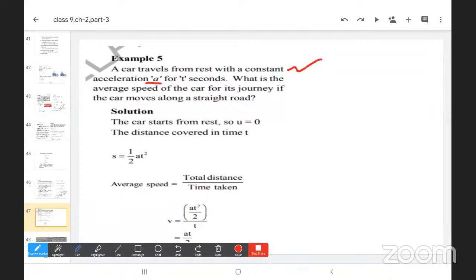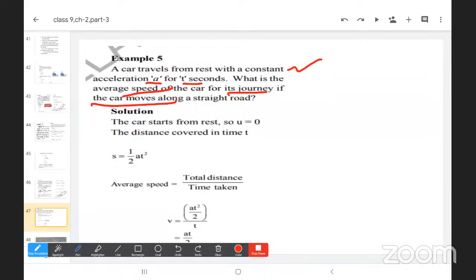What is the average speed of the car for its journey, if the car moves along a straight road? We need to find the average speed of the car for its journey, and it is moving along a straight road.